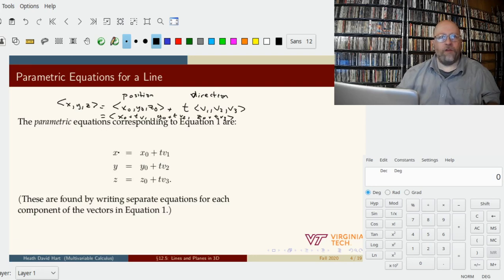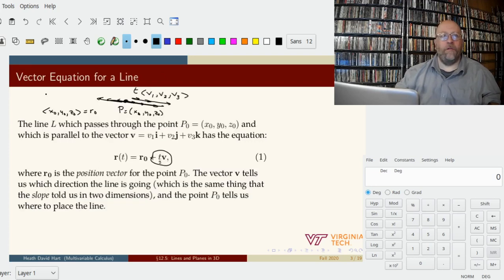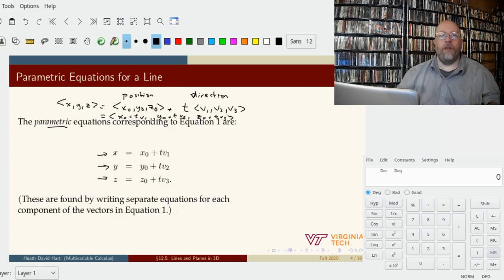And so if, instead of writing this as a vector, I just write the individual components, x is equal to this, y is equal to this, z is equal to this, we call these the parametric equations for the line. We have both forms. We have the vector equation, which combines all three coordinates into a single vector equation. And then we have the parametric equations, which separate them out into three separate equations.